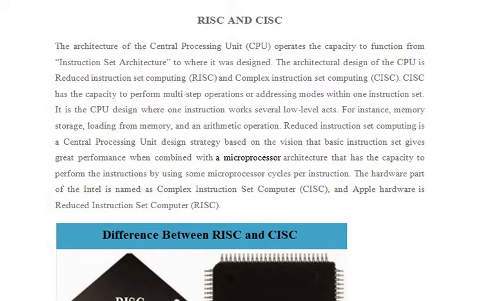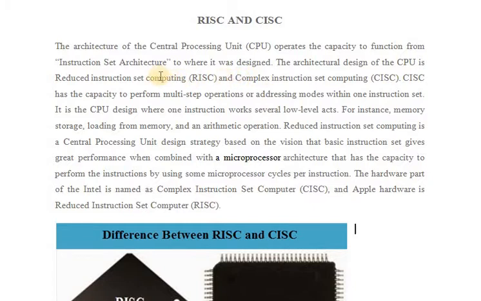Okay, RISC stands for Reduced Instruction Set Computing and CISC stands for Complex Instruction Set Computing. In computer architecture, an important aspect is the design of the instruction set for a processor. Here we are going to see two types: one is RISC and another one is CISC.